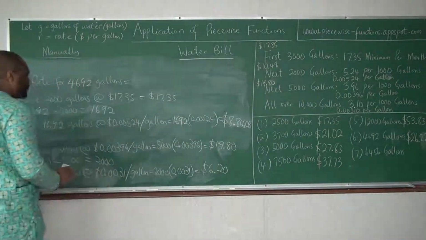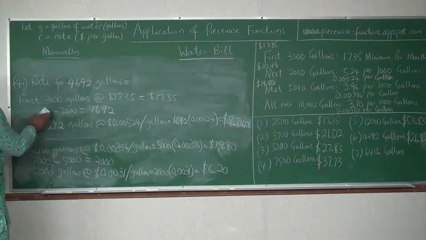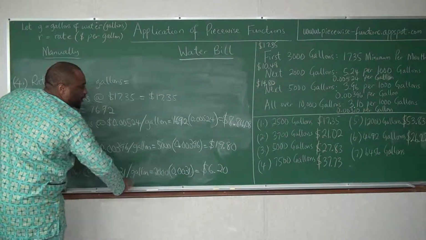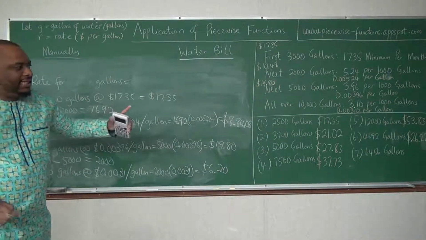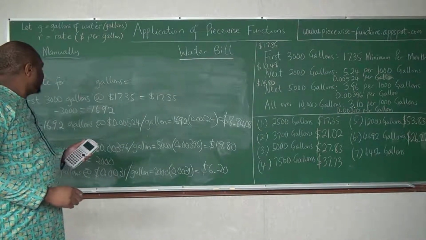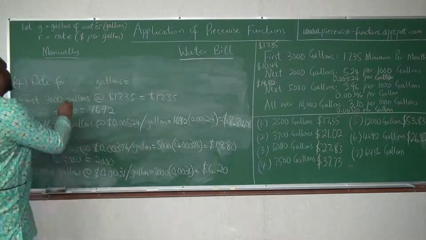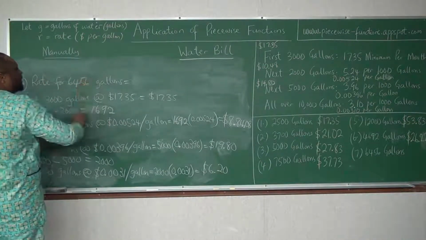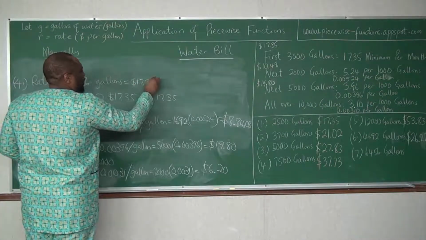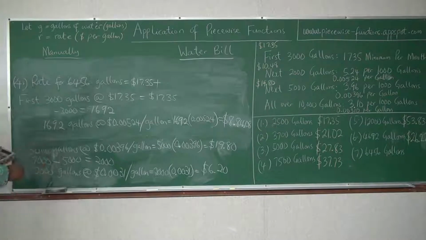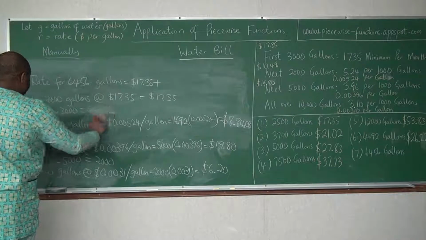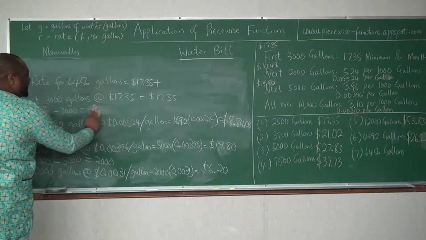Now the next one, the last one before we go to the piecewise function, the main thing. We have 6,456 gallons. So we first of all have the $17.35 plus, and we have here 6,456 minus 3,000 gives us 3,456.